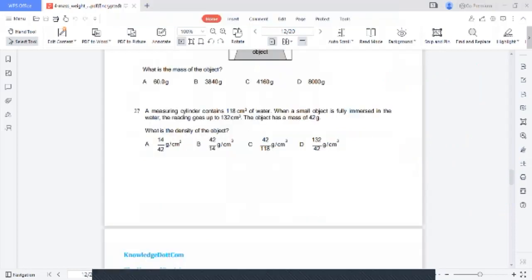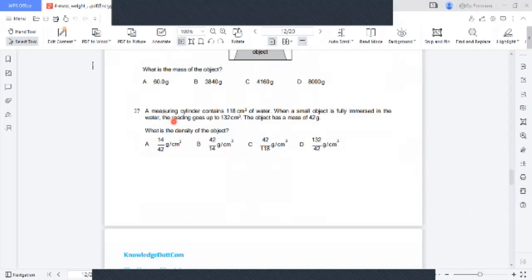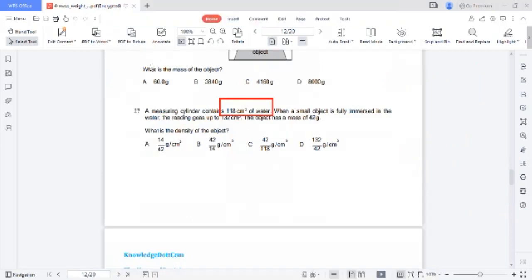Okay, let's see this one. A measuring cylinder contains 118 centimeter cube of water. So this is the volume of water.